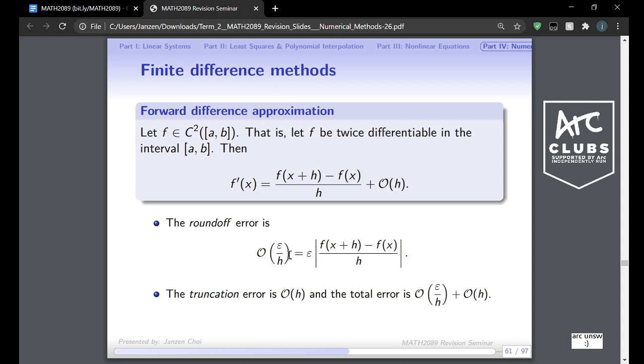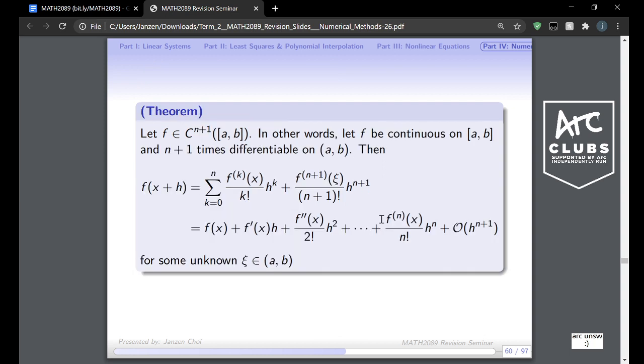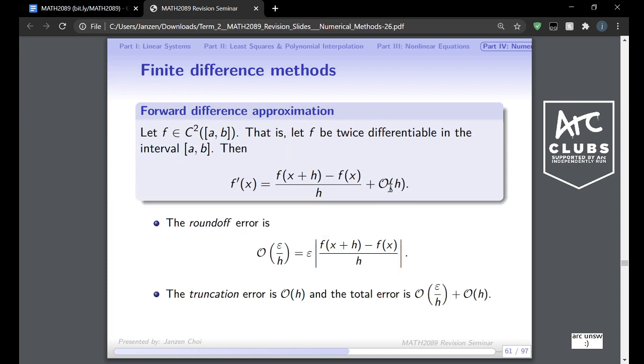The round-off error is given by epsilon on h, and the truncation error is given by O(h). I guess the truncation error represents the parts of the Taylor series that you are ignoring, so the O(h), the big O notation, is the expression representing those.